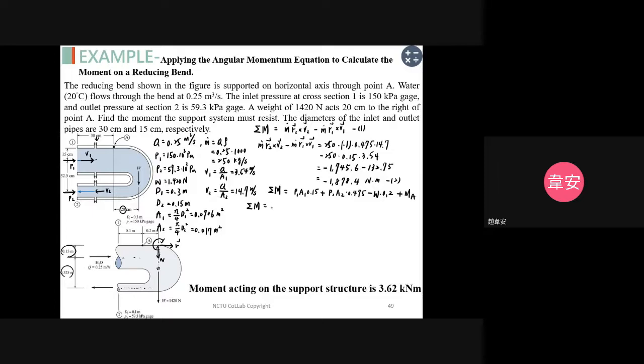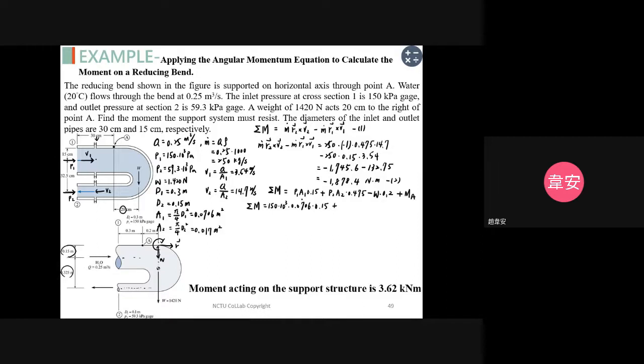So the P1 is 150 times 1000 multiplied by the area 0.0706, and the force arm is 0.15, plus the pressure 2.